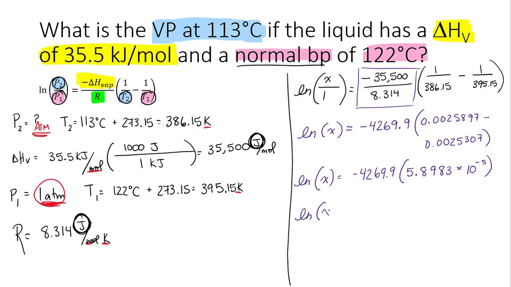So we have the natural logarithm of x equals that number times negative 4,269.9, negative 0.25185. Again, you can see if we had this value and we were just like, oh, it's basically 0, it's not. Because if it were 0, then this would be 0, and it's not, okay? So just be careful with your roundings.